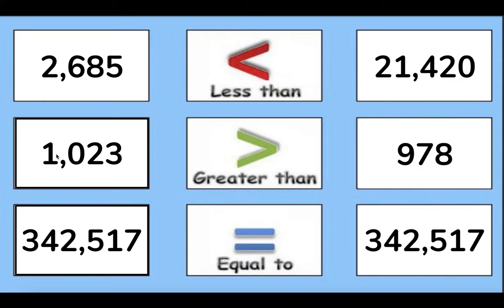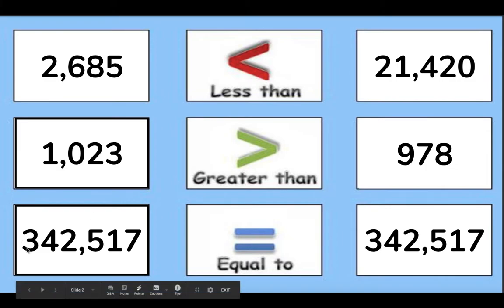In our second example, we have the number 1,023 is greater than 978. And in our final example, we have the number 342,517 is equivalent or equal to 342,517.